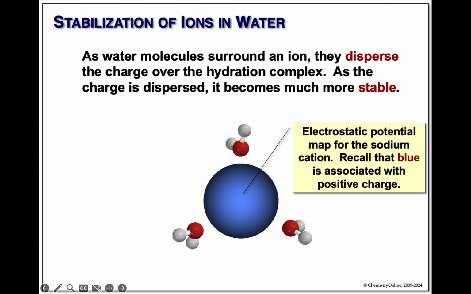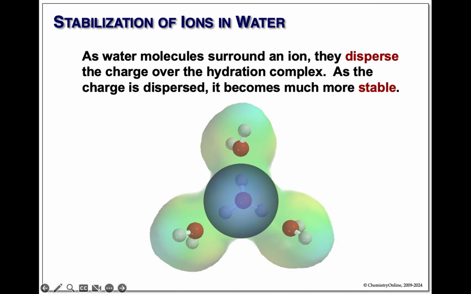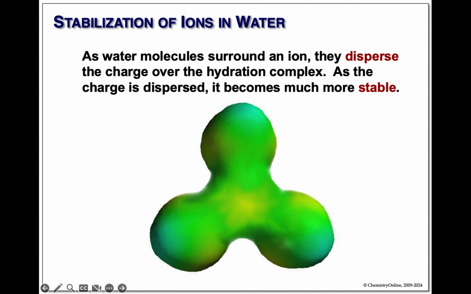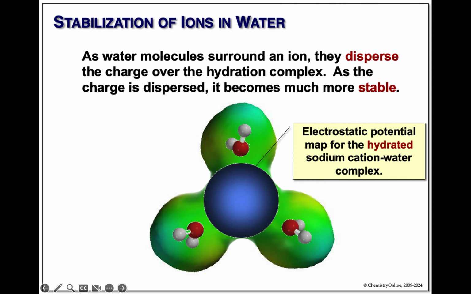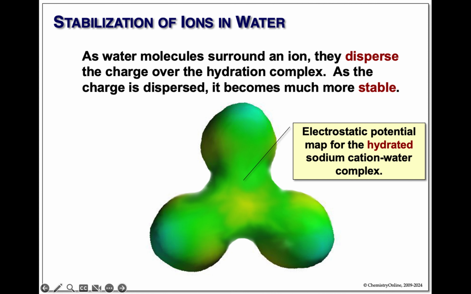What you see when you do that looks like this. Our big blue ball that was here in the middle is gone. All you see remaining are little blue tips out here. In fact, the central blue ball actually looks a bit yellowish. Water is just phenomenal at grabbing and dispersing charge.